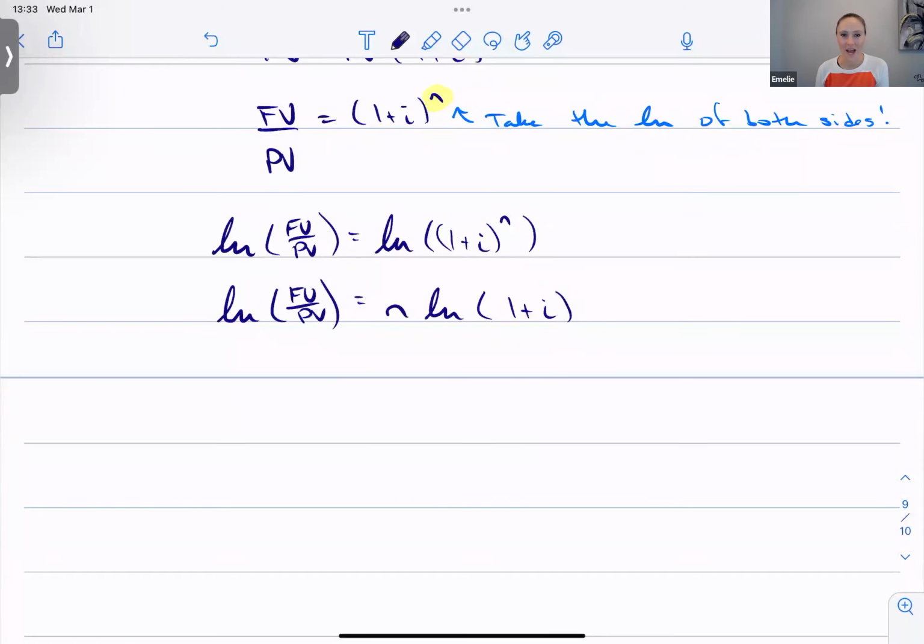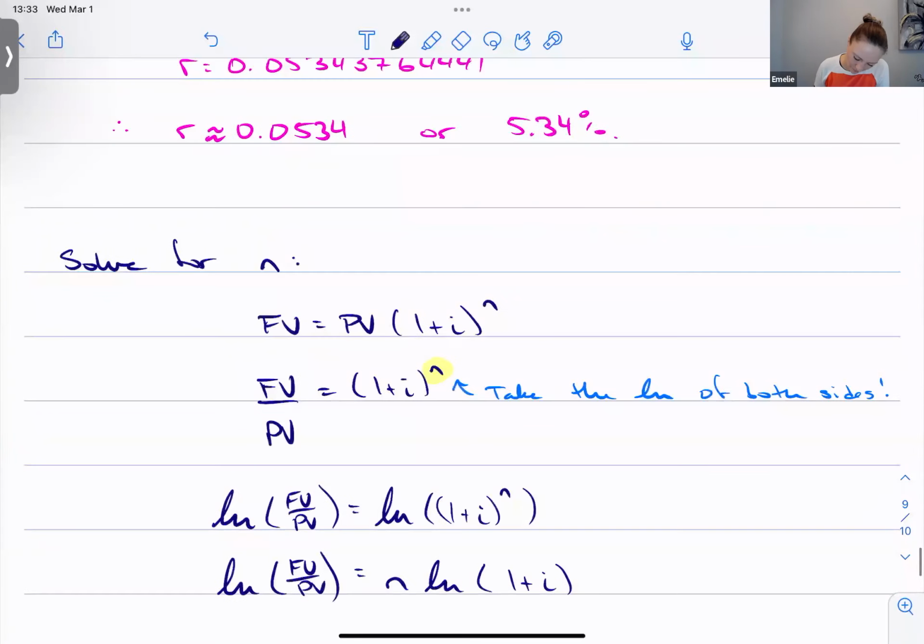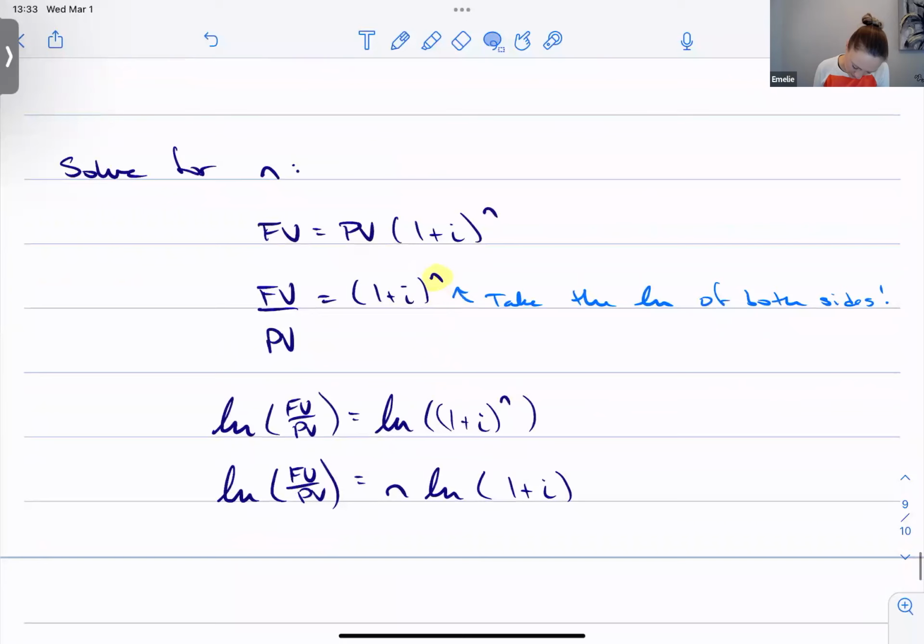Now I have n on its own, so all I have to do is divide the log of 1 plus I over to the left-hand side, but then I'm going to do a little switcheroo.